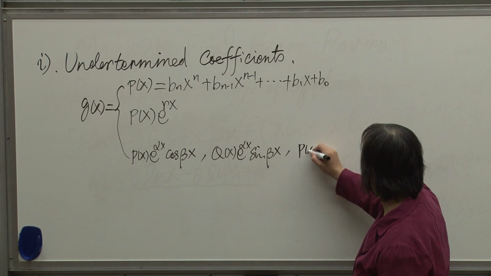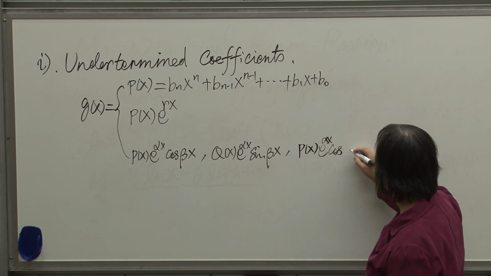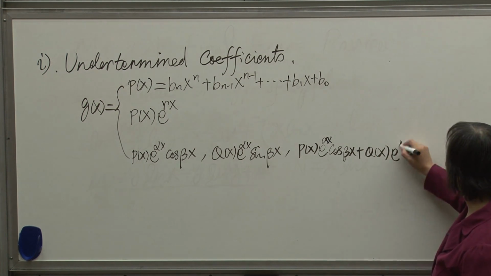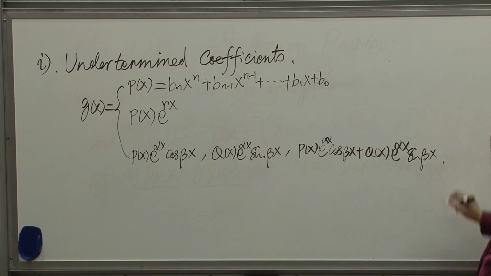So we get p of x times e^(alpha x) cosine of beta x plus q of x e^(alpha x) times sine of beta x.